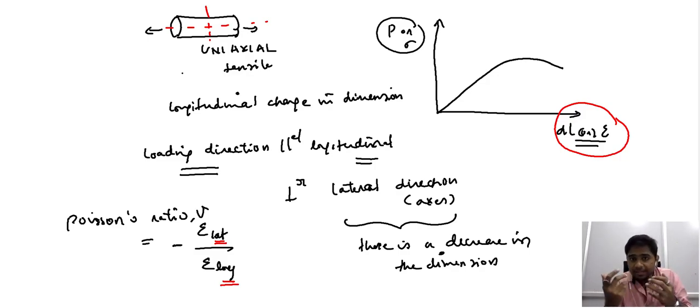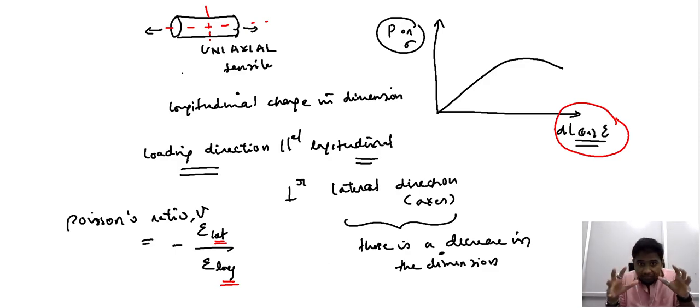Now that we are normalizing the lateral behavior of the material with respect to the longitudinal behavior, we are exclusively describing the property of a material. So Poisson's ratio talks exclusively about the property of the material by considering both the lateral change in the dimension and the longitudinal change in the dimension.